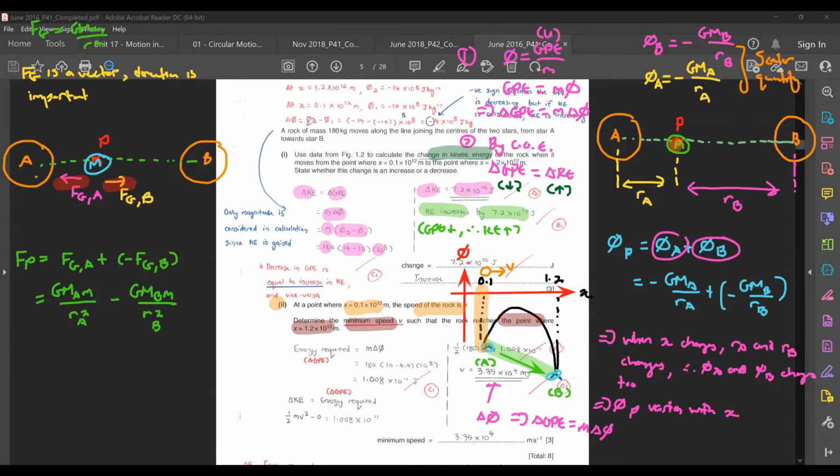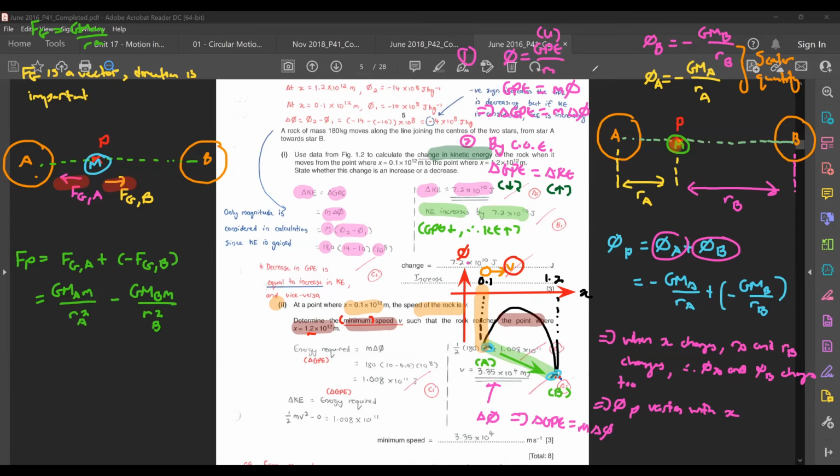What is the minimum speed required for your rock to be able to reach this distance, which is actually star B itself? So they're telling you what is this value of v that you need to give your rock so that it can actually reach star B.